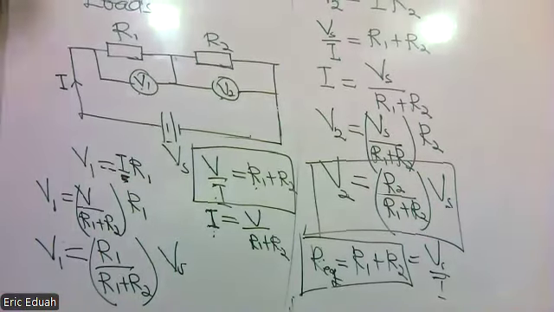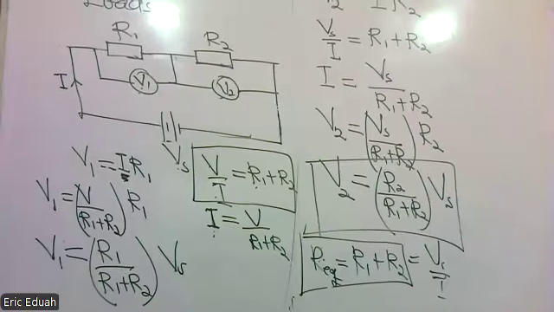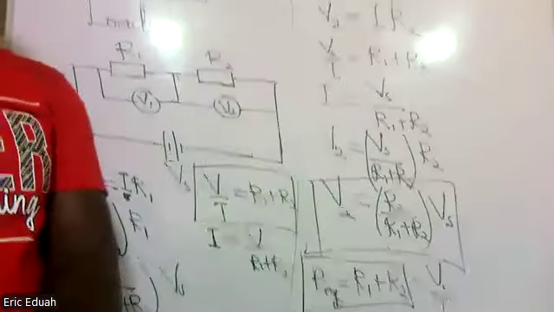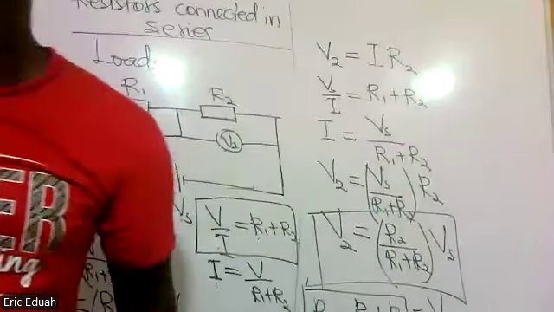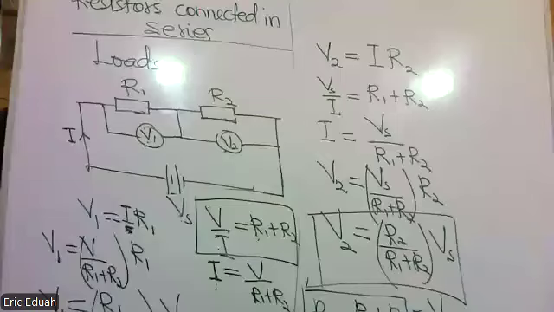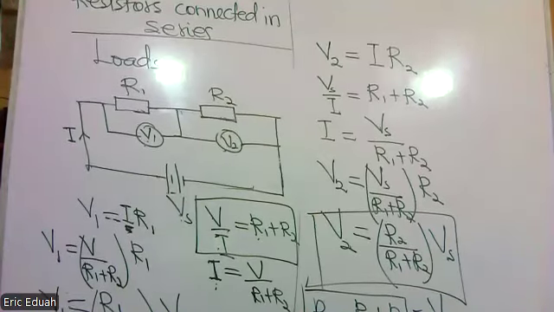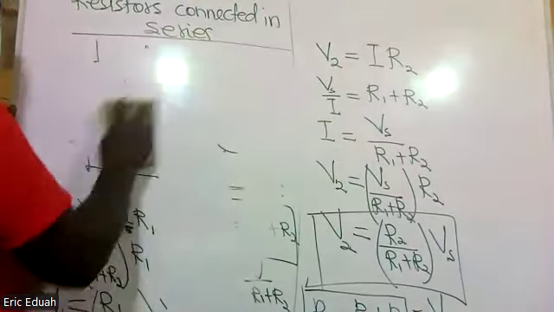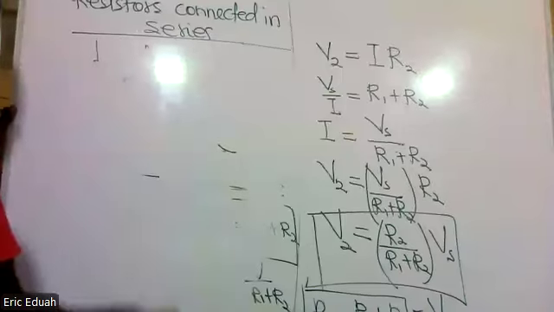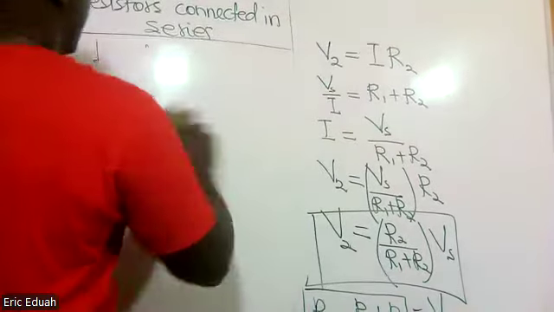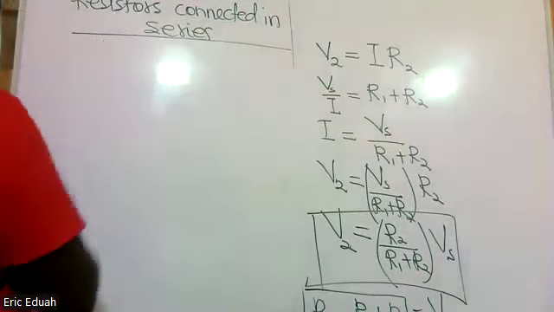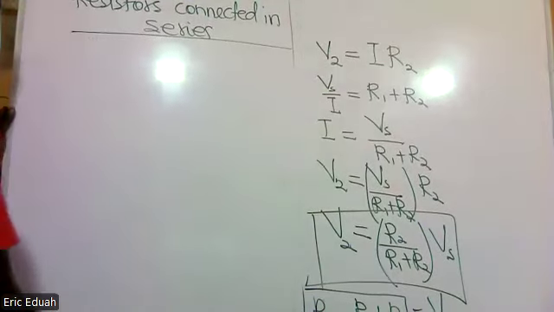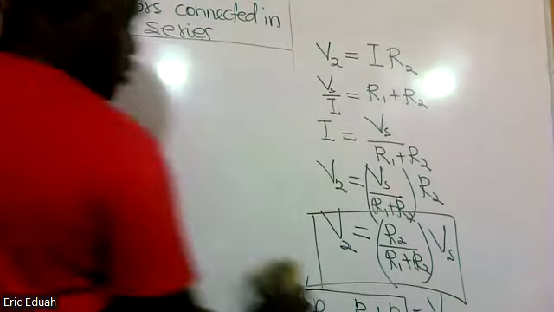All right. Let's look at resistors connected in parallel. Parallel circuit. Then we apply this to solve questions. Then we look at advantages. I'm using 2, but please, it can be more than 2, 3 or more.